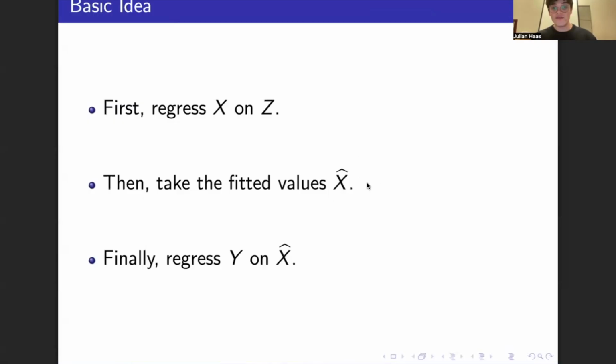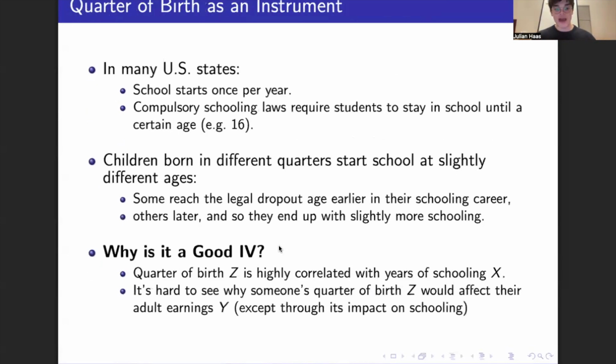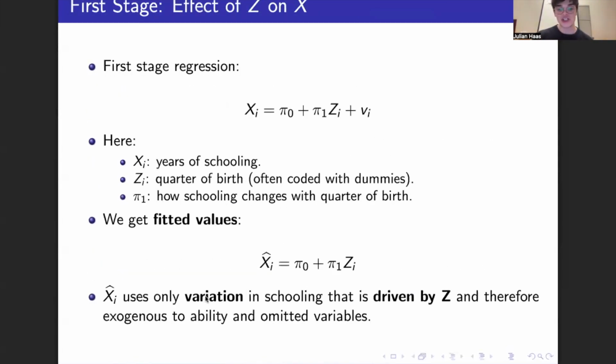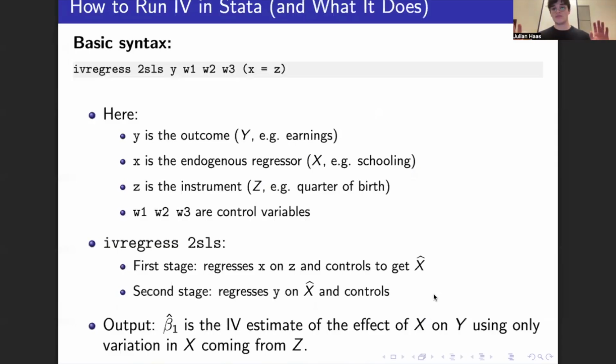We're going to grab the fitted values and regress y on those fitted values, because the fitted values are the variation in our endogenous variable that are driven by our instrument, which by definition is exogenous. And thus, it's exogenous to all of the factors that are in our error term. And that's it. That's the code. That's the idea. I hope this made sense.